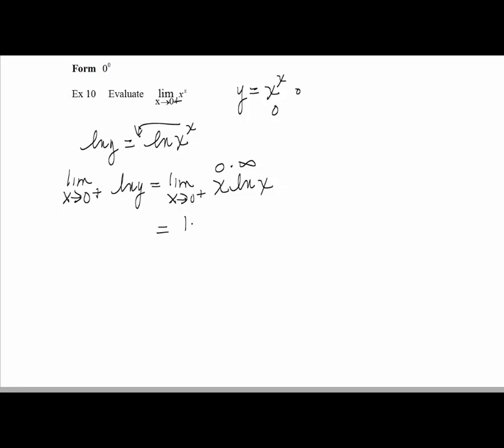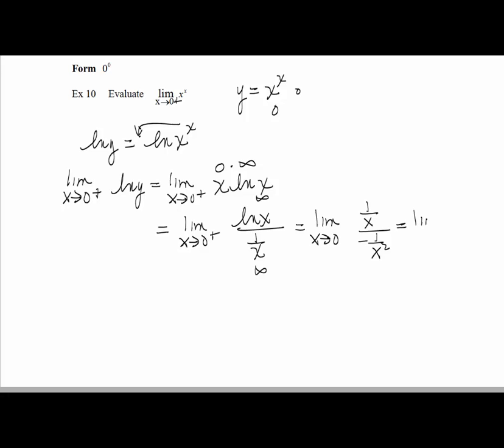So we'll have the natural log of x in the numerator, 1 over x in the denominator. Now we have converted 0 times infinity to infinity over infinity. We'll take the limit again by taking derivatives using L'Hopital's rule. So it's going to be the limit of 1 over x over negative 1 over x squared.